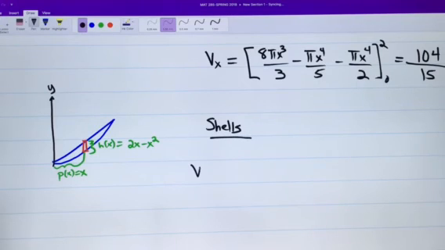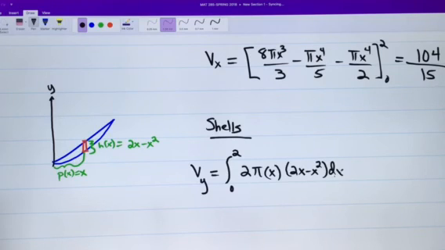So in the case of the method of shells, I'm going from x equals 0 to x equals 2, generating the solid about the y-axis. So you have V of y going from 0 to 2, and we have 2 pi times x times the quantity 2x minus x squared dx.